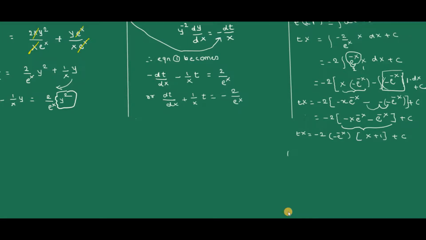Now put the value of t is equal to 1 by y. So that is t into 1 by y is equal to, minus into minus is plus, that is 2 into e raised to minus x into bracket x plus 1, plus the integrating constant c, which is the required solution.